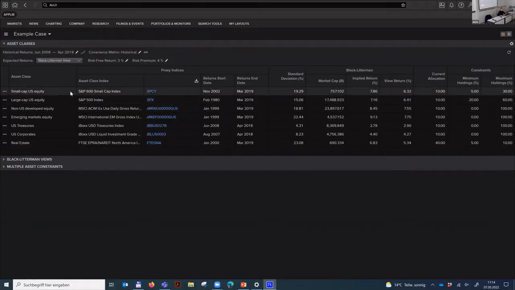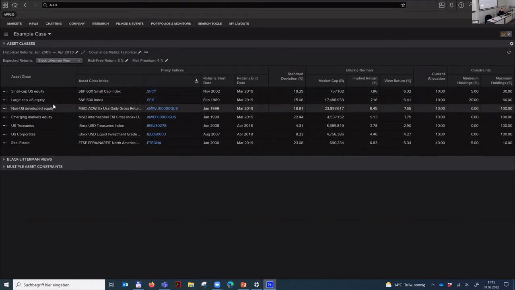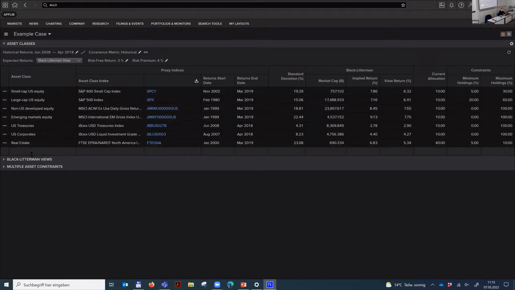It directly has included an example. An example where it takes, from June 2008 to April 2018, historical returns of certain indexes. You could simply add some indexes if you would like to.